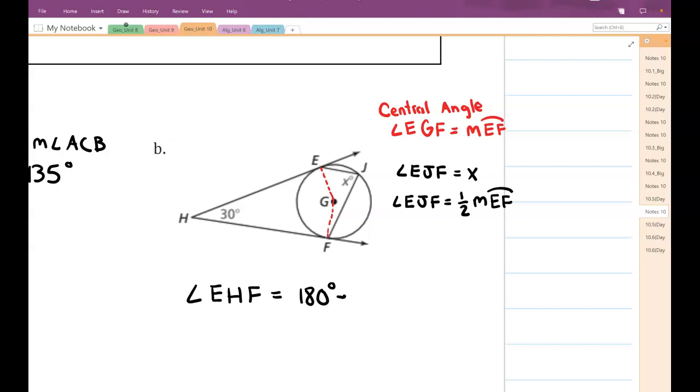So that would be the measure of angle EGF. I should make sure it's an angle. Notation is important because it tells you what we're talking about, so I have to make sure I have my angle symbol in there.